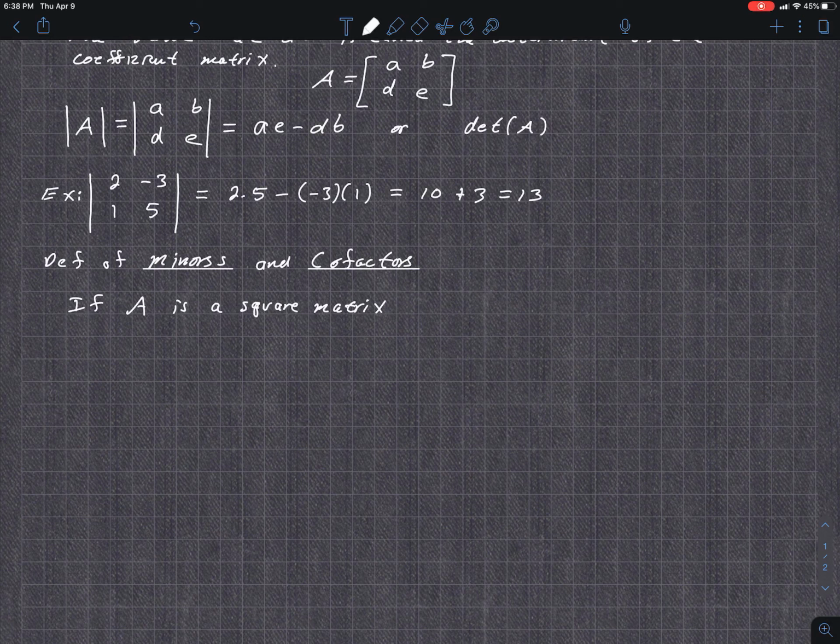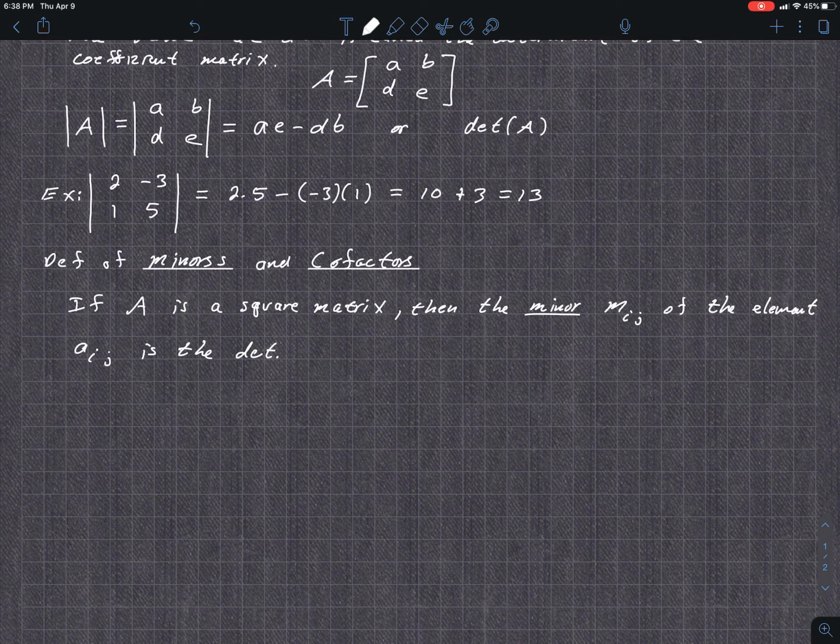If A is a square matrix, then the minor, and we denote it Mij, of the element Aij, so that's like some particular value like the 5 up here.